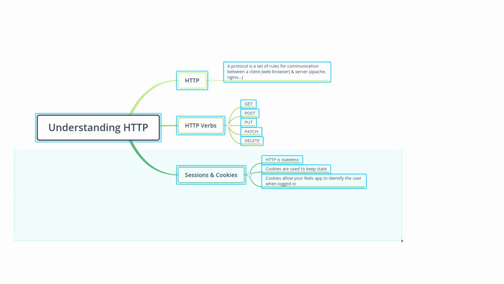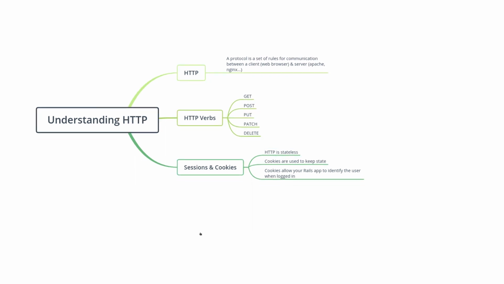That's what you need to know to have a basic understanding of HTTP as a Ruby on Rails developer. Just a quick review. HTTP is a protocol, a set of rules for the browser and server to talk, to exchange information. Then the way that happens is through HTTP verbs, which are like the different actions that you can do: get, post, put, patch, delete.